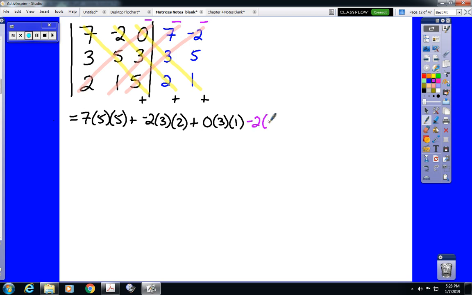That's -2 times 5 times 0 minus, and that's not really -2, it's minus 2 times 5 times 0. So 2 times 5 times 0. Minus 1 times 3 times 7. Minus 5 times 3 times -2.